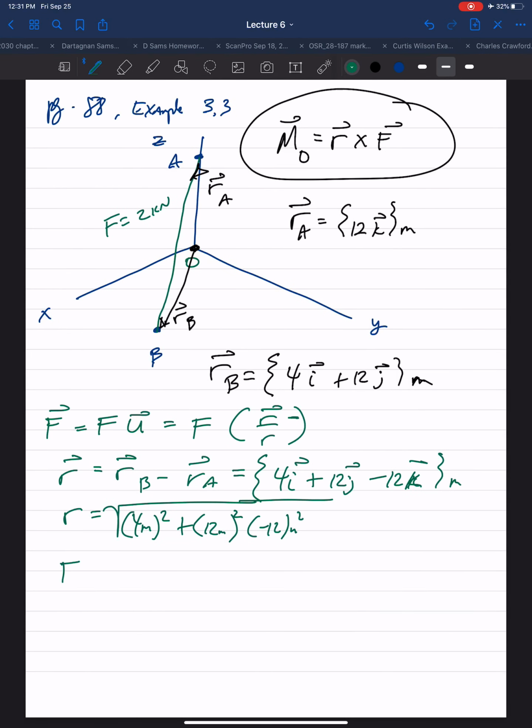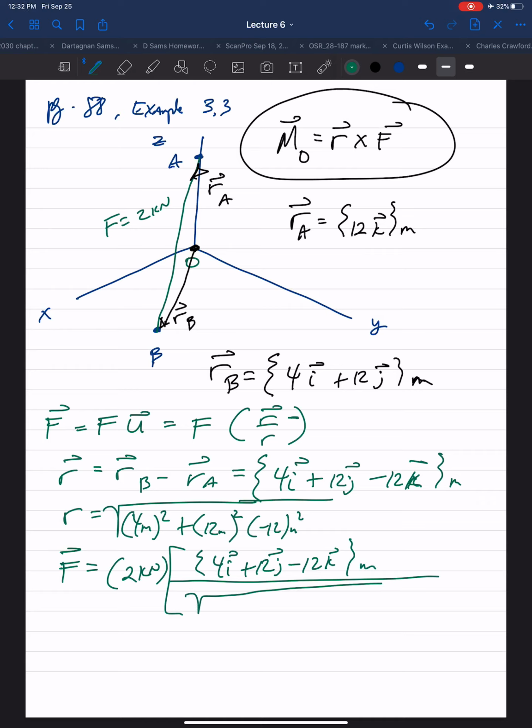So then our F is the magnitude F, which is 2 kilonewtons, times position vector R over R. So that's 4I plus 12J minus 12K meters over the magnitude of R, which is the square root of 4 meters squared plus 12 meters squared plus negative 12 meters squared.